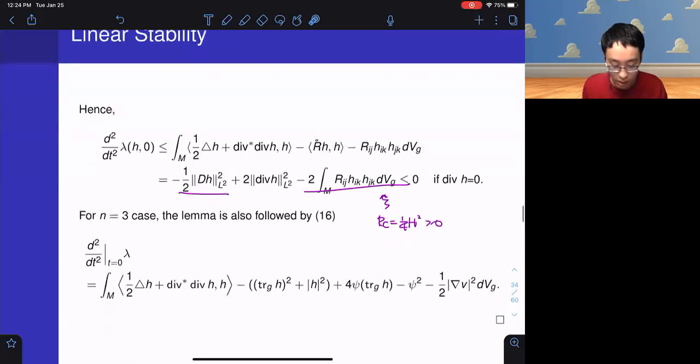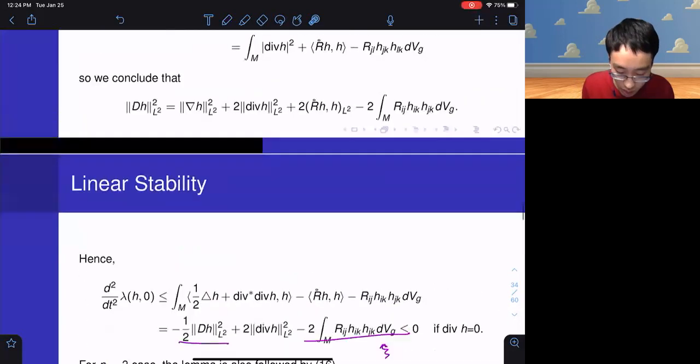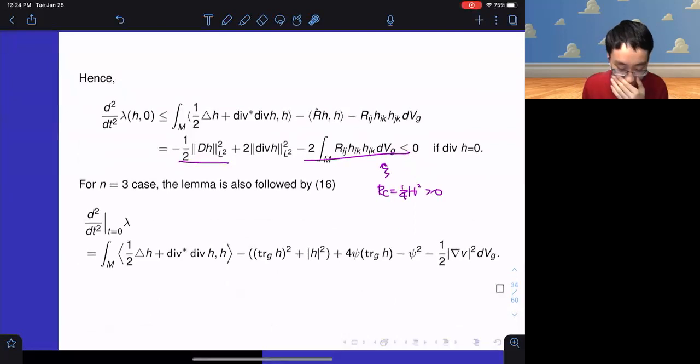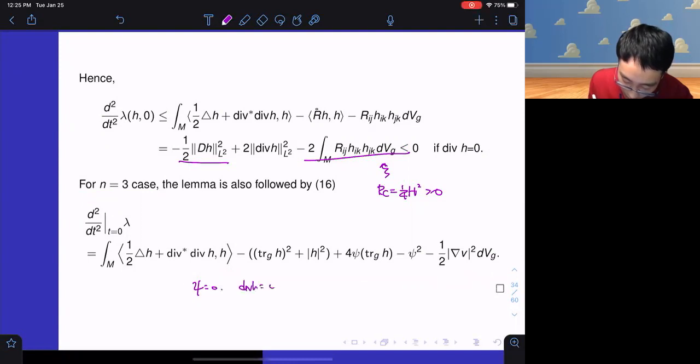And our previous argument didn't give an assumption about the n, but for the n-free case, this result also follows from the second version we have here, because here psi is 0 and divergence is free.